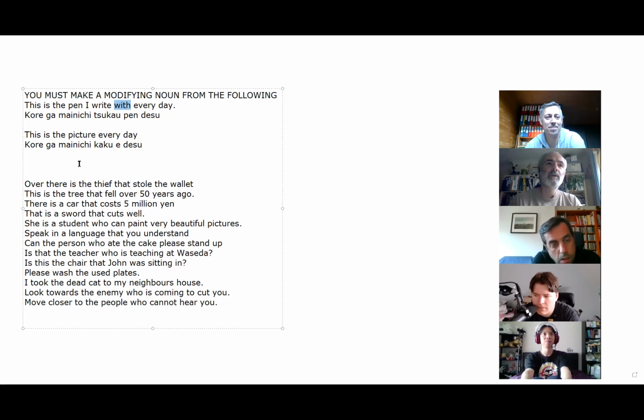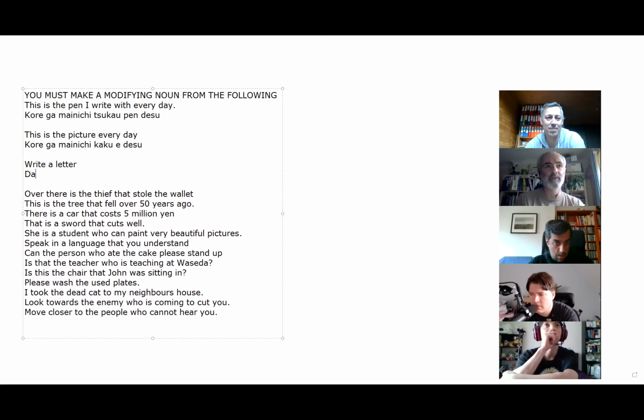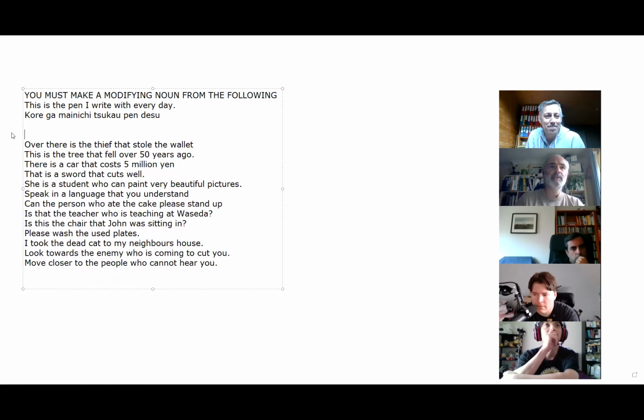In English we would say write a letter, draw a picture, but we don't say write a pen, we say write with a pen. So we have to use tsukau to make this into to use a pen. And I use it every day. Korega mainichi tsukau pen desu.